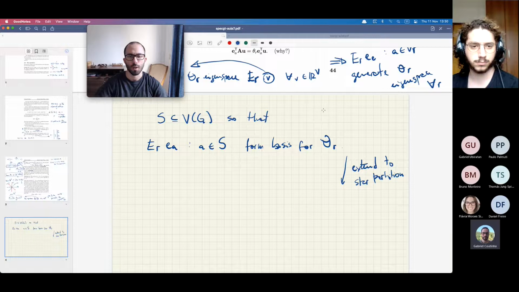I think this was a question last class. Someone asked me if whenever you find this, you can extend to a star partition, and I said no, but actually it's yes, you can.